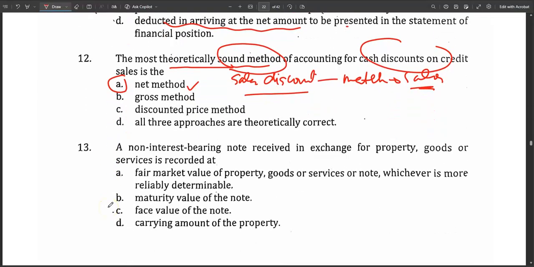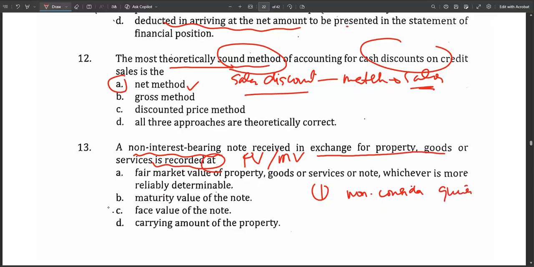Now in 13, a non-interest bearing note received in exchange for property, goods, or services is recorded at what amount? At present value or market value. In exchange of goods, there is a priority. Number one, the fair value of the consideration given. Second, the fair value of the note.